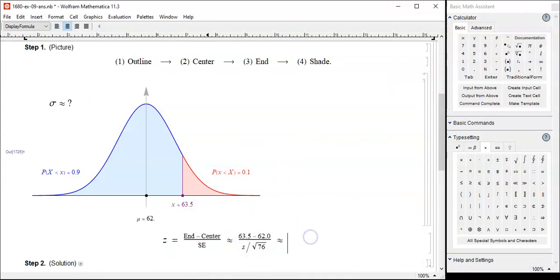So this is going to be approximately equal to 1.28. And from here, we can find out this standard deviation, which I just highlighted in red.